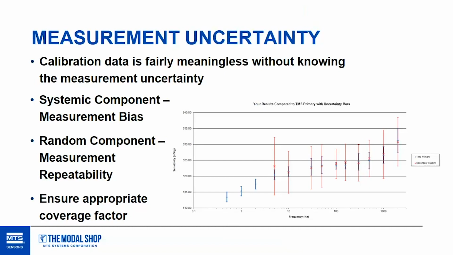It's the same thing for test and measurement. If you're measuring a vehicle or a structure, there's going to be a certain amount of uncertainty in that measurement, and that's going to affect the risk. When does a component fail, right? How much output do you have on a certain channel that's going to ultimately lead to a fatigue?